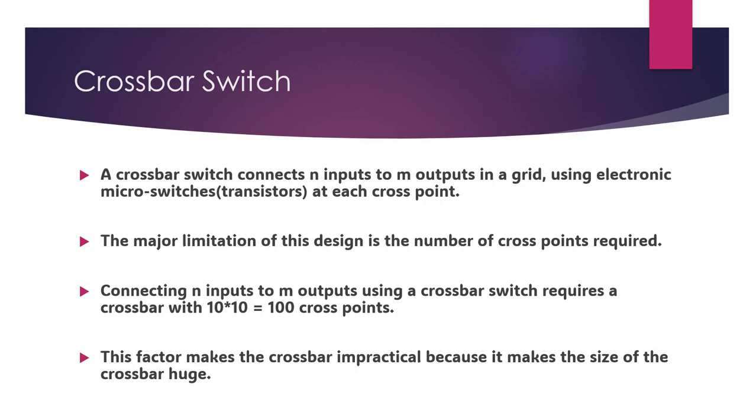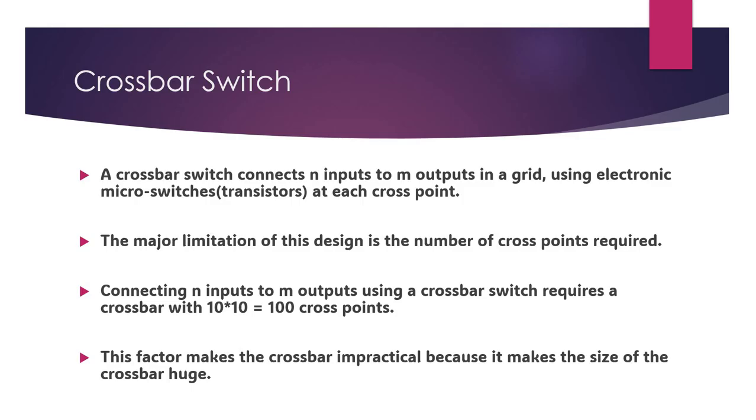The first one is the crossbar switch. A crossbar switch connects N inputs to M outputs in a grid using electronic micro switches, called transistors, at each cross point. The major limitation of this design is the number of cross points required.